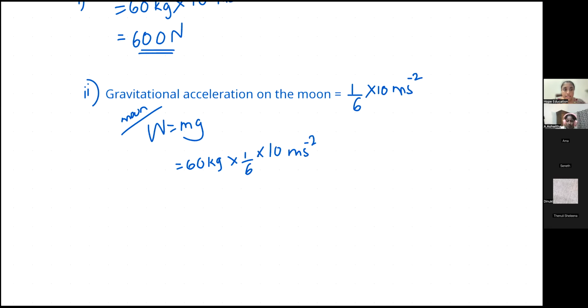So we can see that we have 10 here. Then 10 multiplied by 10, we have 100 newtons as the weight on the moon. It's alright to skip this step, it's okay if you didn't do this step.